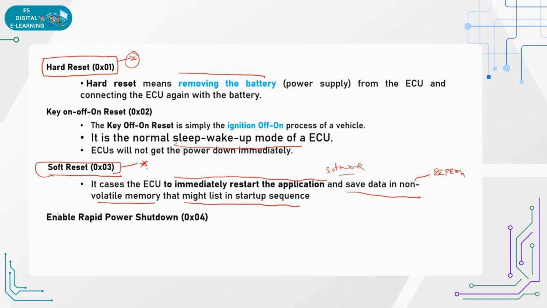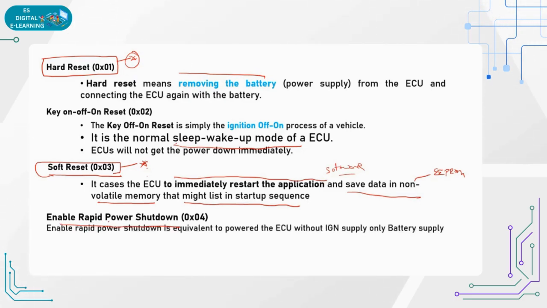Next is the other subfunction, enable rapid power shutdown. Rapid means immediately. Okay, enabling the shutdown. Enable rapid power shutdown is equivalent to powering the ECU without ignition supply. Only battery supply will be there. Here we don't have the ignition key.